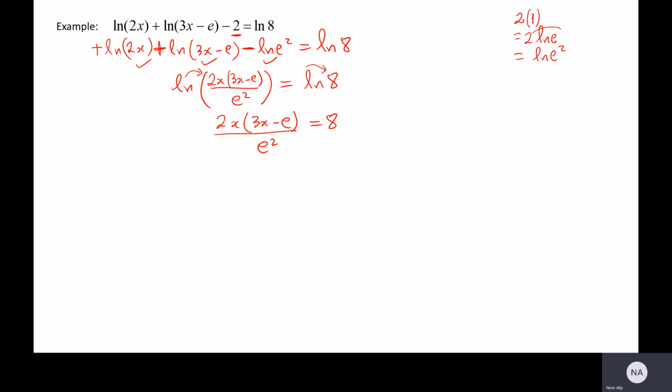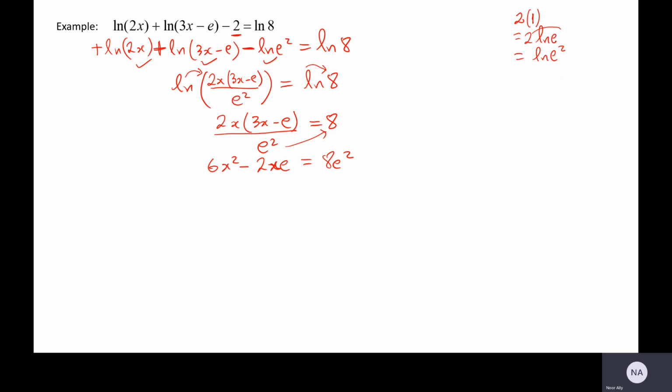And now I can just multiply out: 2x times 3x, 6x squared, 2x times minus e, minus 2xe, and then cross here 8e squared. Now, to solve this, we are not going to use the value of e.